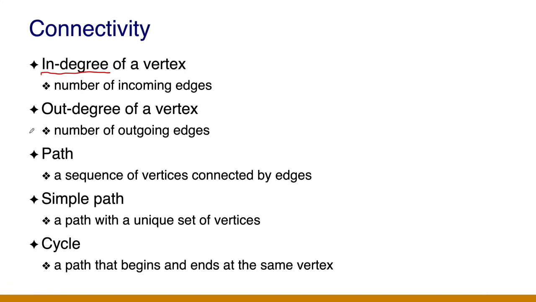And also, very similarly, we can count the number of edges that are going out of a particular vertex. This is what we call the out-degree. These two pieces of information combined can tell us, for a particular vertex, how connected it is based on the incoming links and the outgoing links.